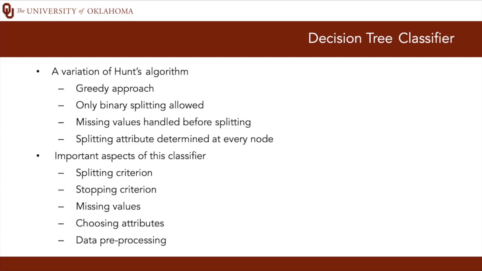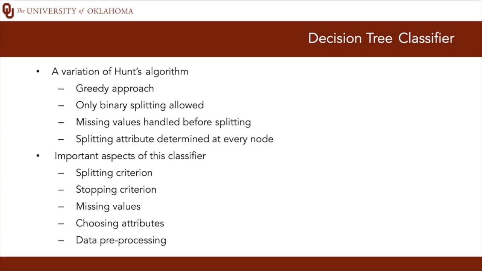We only allow binary splitting, like CART, a variation of Hunt's algorithm. We handle the missing values before we start splitting, and the splitting attribute is determined at every single node.